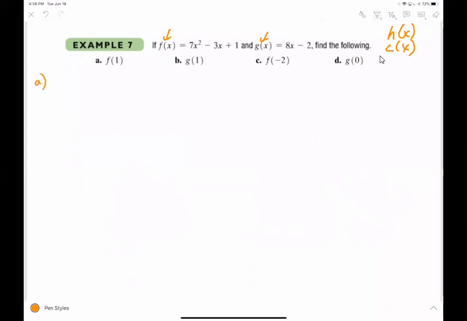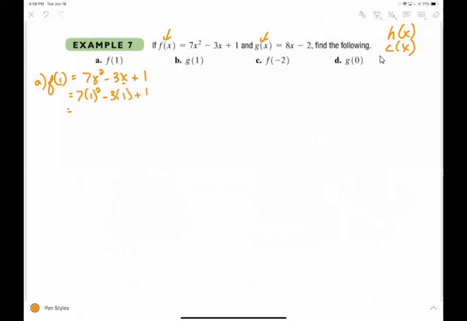Our first one here, we're going to input 1 into f, which is our f is 7x squared minus 3x plus 1. So what we're going to do is everywhere we have an x, we're going to replace it with this 1. So I'm going to write 7 times 1 squared minus 3 times 1 plus 1.